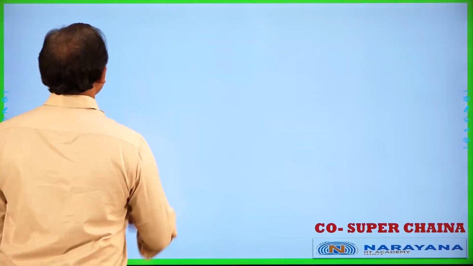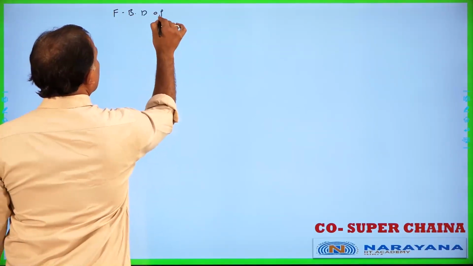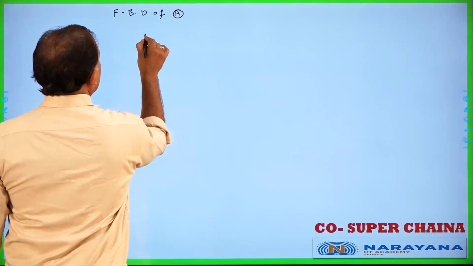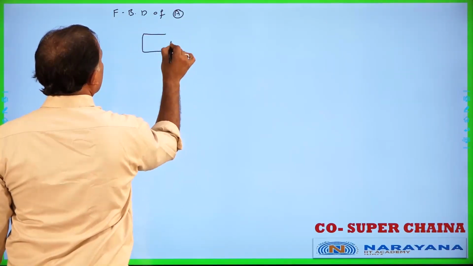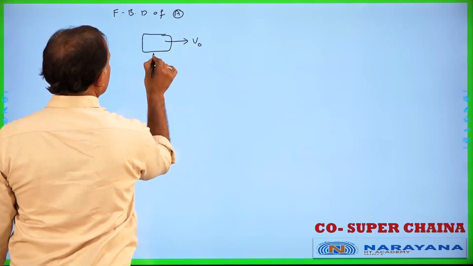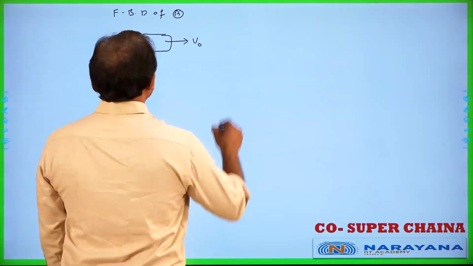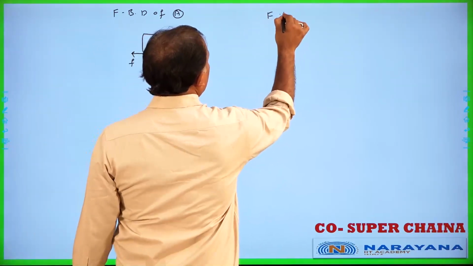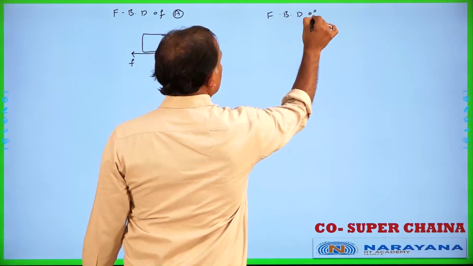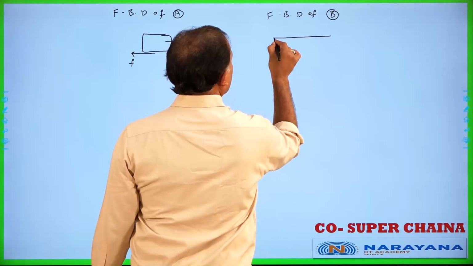Let us see here, FBD of A. You can see here, this side V0 velocity is given, so friction acts this side. And if you see here, FBD of B, this is a plank.